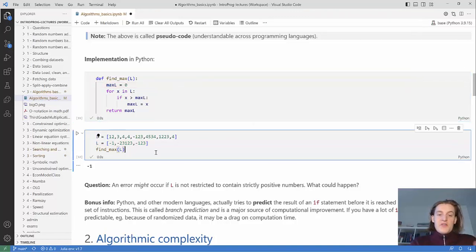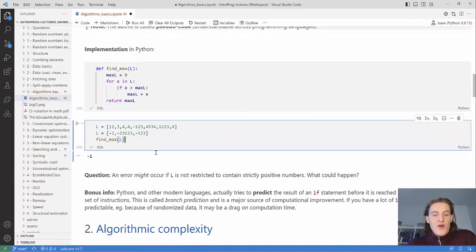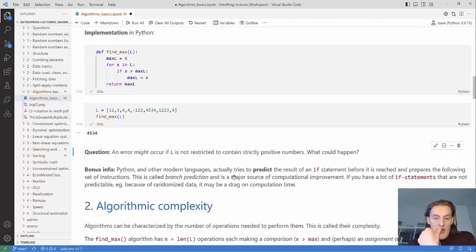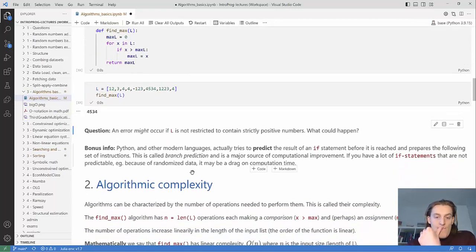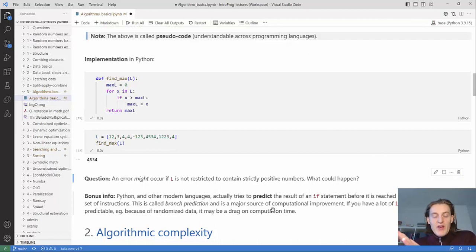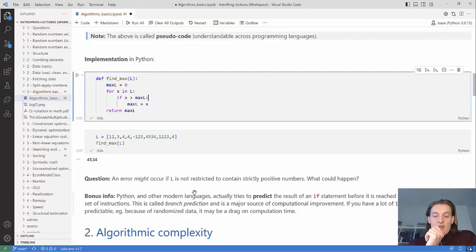But we don't want to do that because that's not what the argument was about. Yeah, there's a small bit of bonus info. Python and a lot of other languages do something to sort of make the code run faster and avoid some of the if statements or some of the lines of code.